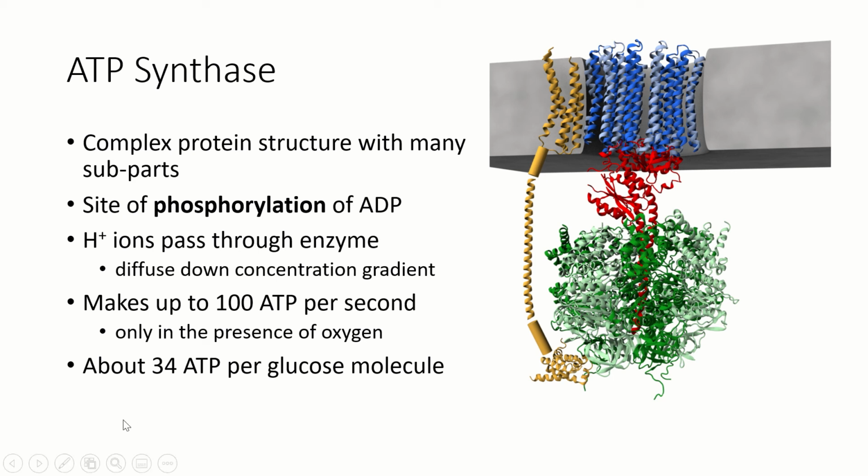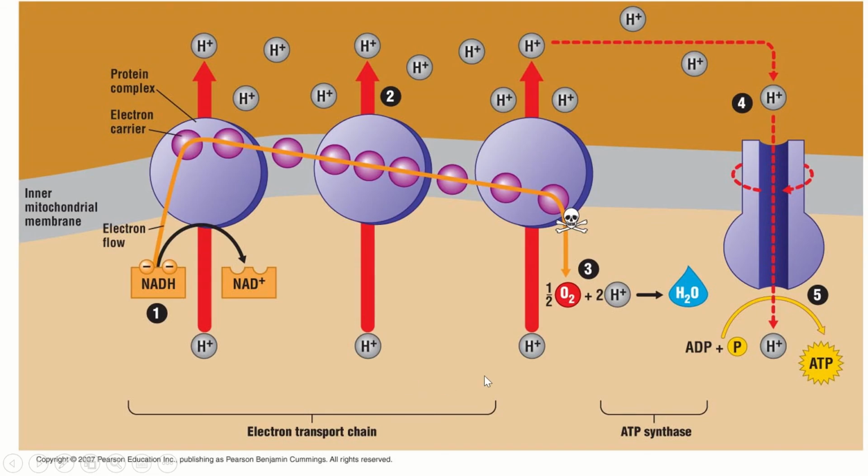A lot of ATP. What happens though if oxygen is not present? If oxygen is not present, then this final complex 4 cannot bind the electrons to the oxygen and reduce oxygen and produce water, which means that it can't hand off its electrons.